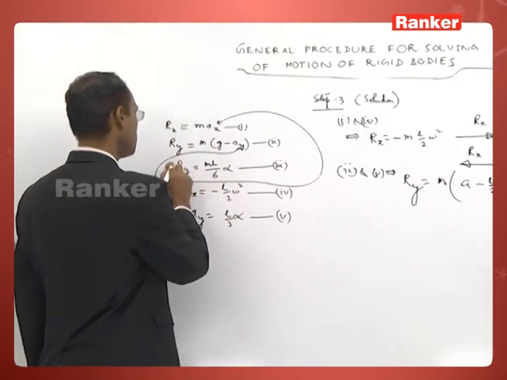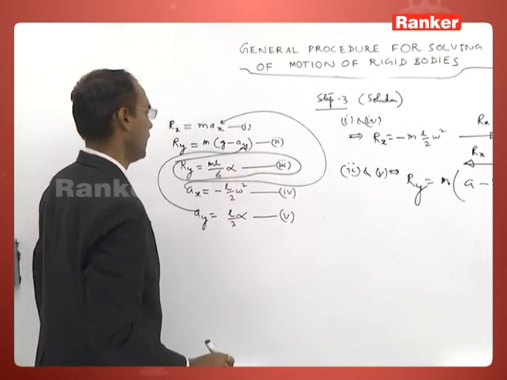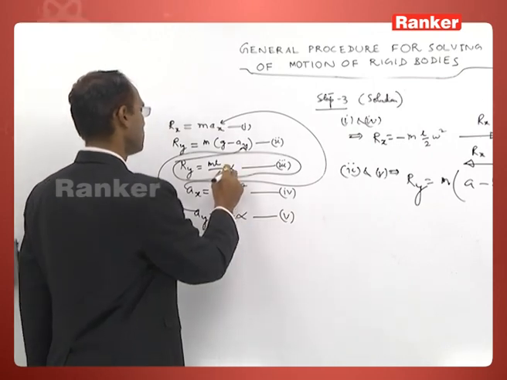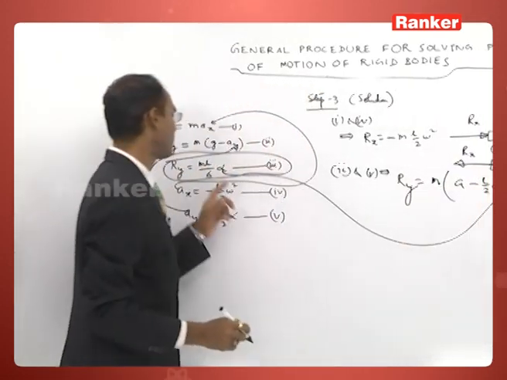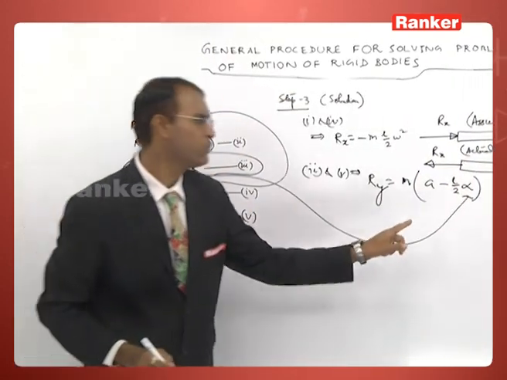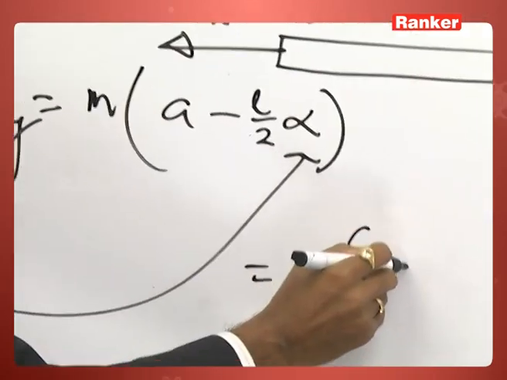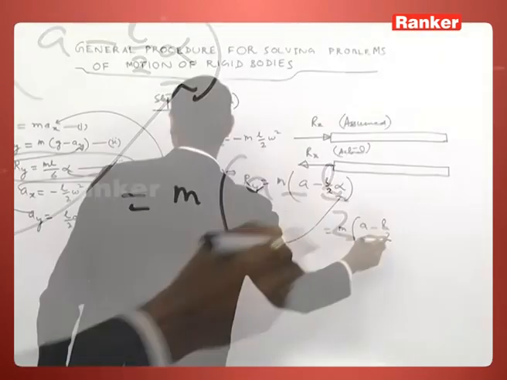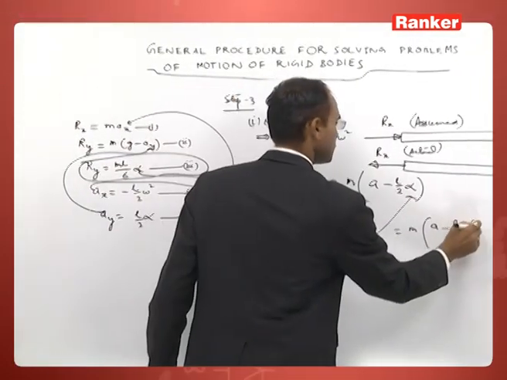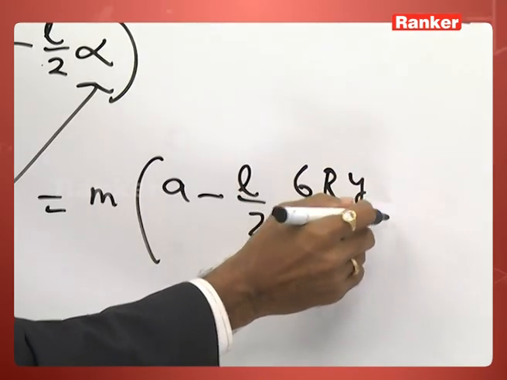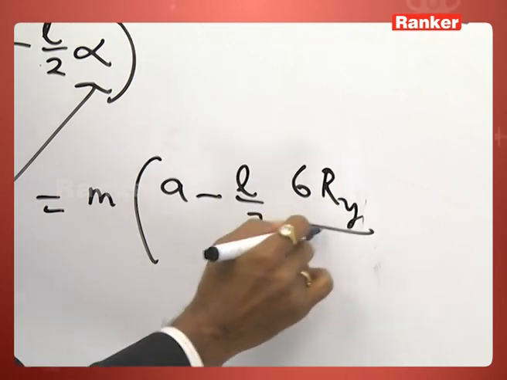And we have not used equation number 3. You can put the value of alpha from equation 3 in this new equation to get m g minus L by 2 times alpha. What is alpha? 6 Ry by ml.